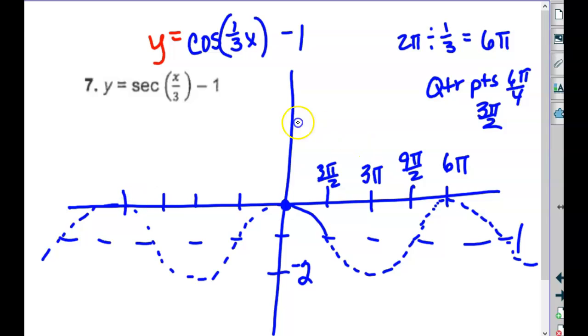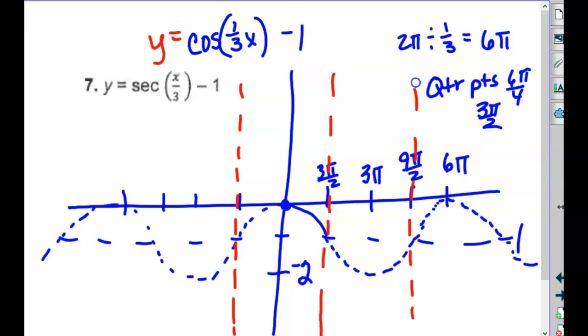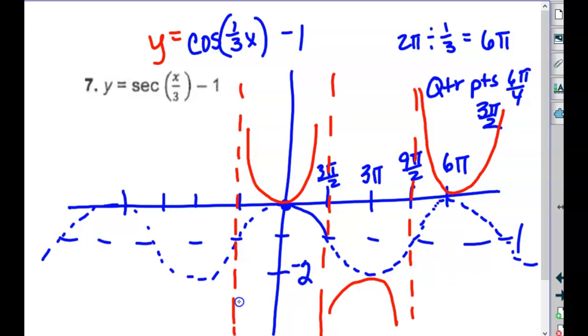I'm not going to put them all in. Everywhere it crossed that midline is where there's an asymptote. And then we would take all those and flip them around. And just make sure we did 2 complete periods.